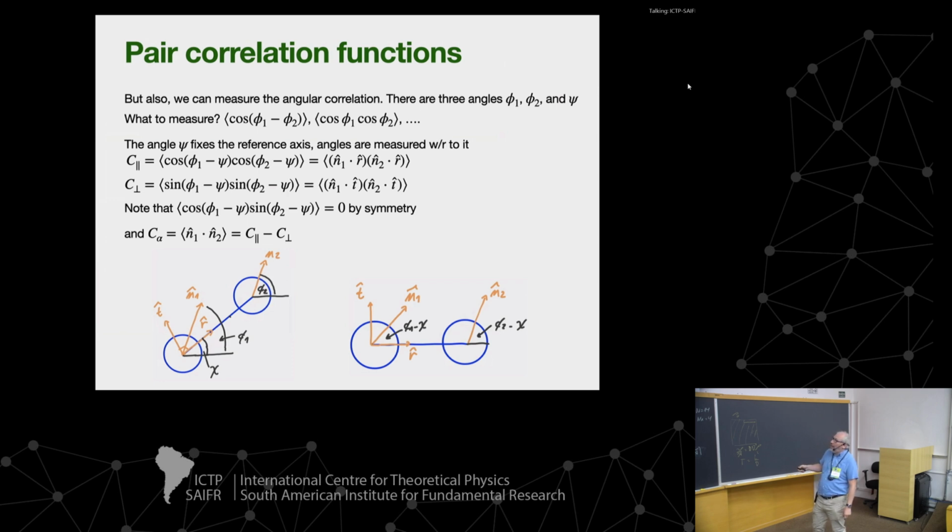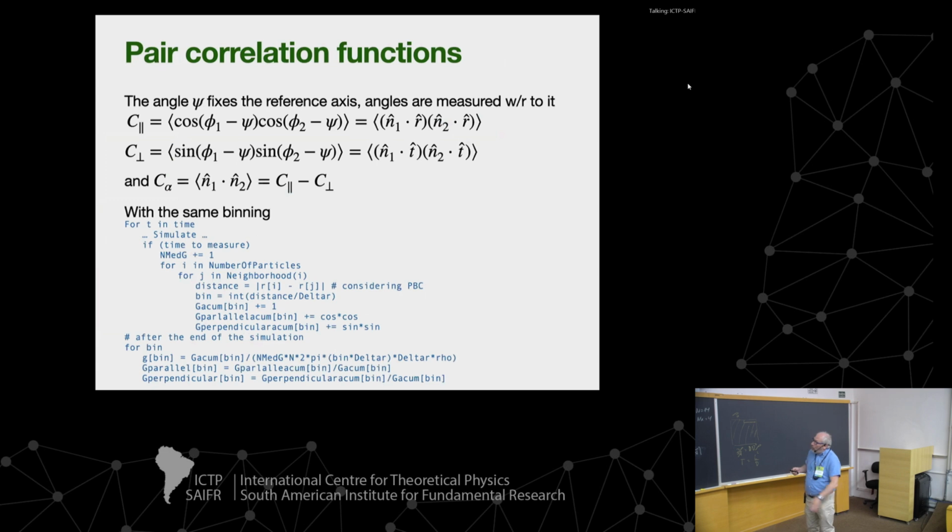How do they correlate? That is, if the particles are here, this is the vector that joins the two particles, and I see how this director is related to that. There are two possibilities: either I multiply the cos with the cos or the sine with the sine. That is doing the dot product with this vector or with the other vector, the tangent one.